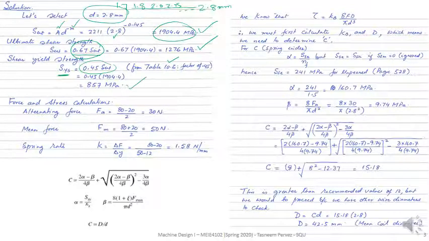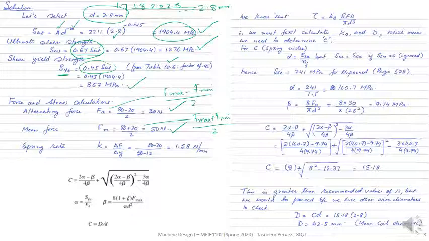So these are simple to calculate. My alternating force is equal to F maximum minus F minimum by 2, and the mean force is F maximum plus F minimum by 2. So I got F alternate and I got F mean. We can find out the spring rate, which is change in force divided by change in deflection.